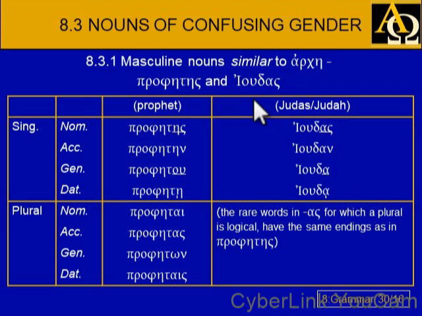So prophetes, propheten, prophetou, prophete, prophetai, prophetas, propheton, prophetais. And then Judas, Judan, Juda. The rare words in -es for which the plural is logical have the same endings as in prophetes. Of course there wouldn't be a plural of Judas.